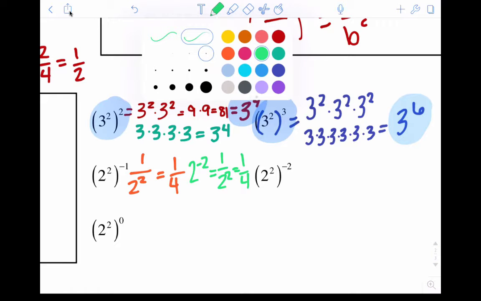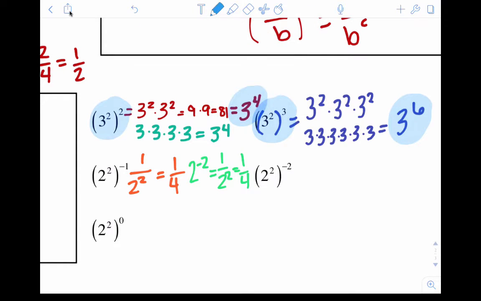Now, so that works out for negative 1. Let me try it for negative 2. So I have 2 squared to the negative second. So that is like 4 to the negative second, which is 1 over 4 squared, 1 over 16. Or if I'm going to write that with a base of 2, that would be 1 over 2 to the 4th. 1 over 2 to the 4th is the same as 2 to the negative 4th.